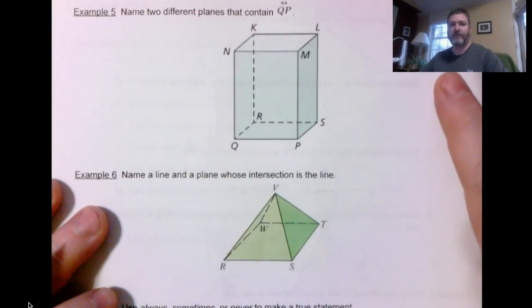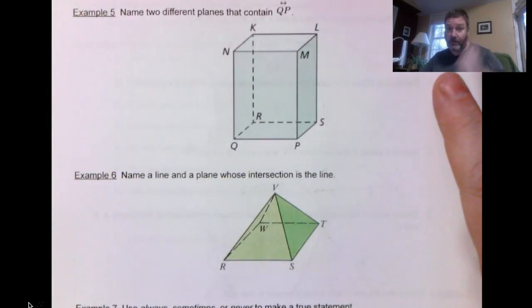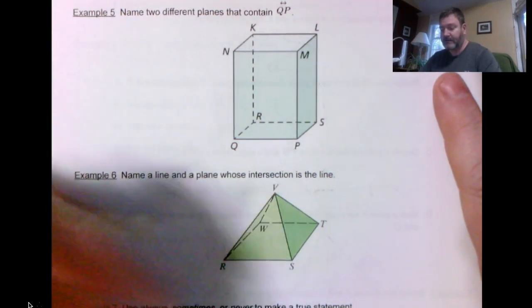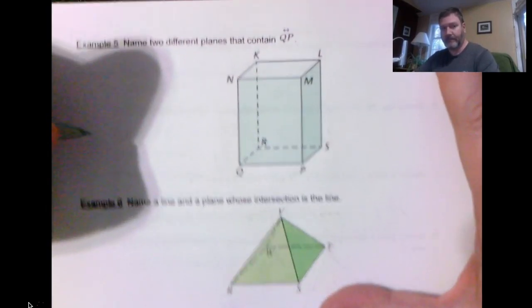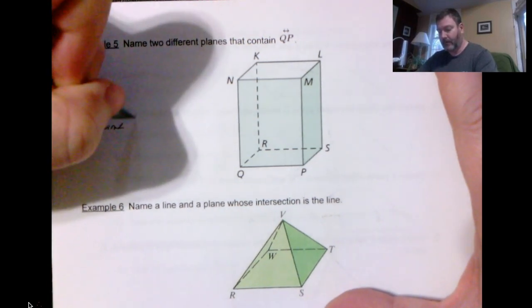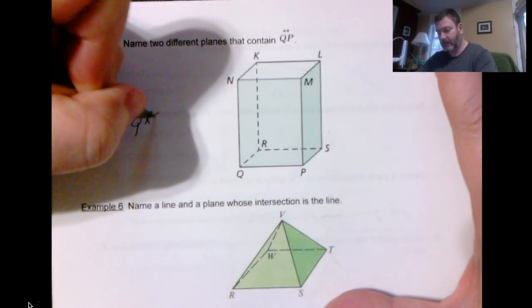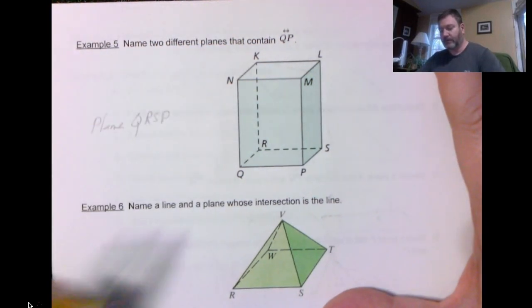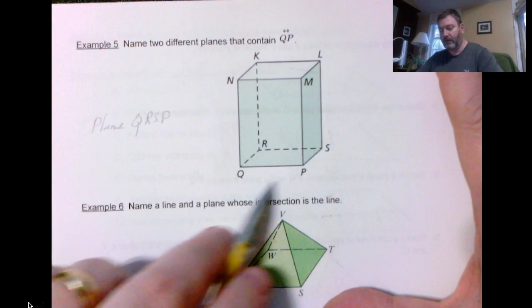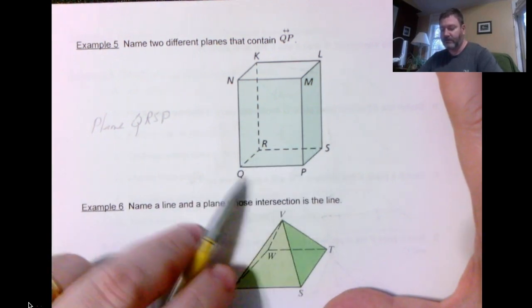We're going to name two different planes that contain line QP. So here's line QP. One of the planes is plane QRSP. Notice when I name the plane, I start going around in order. It doesn't matter if you go clockwise or counterclockwise.